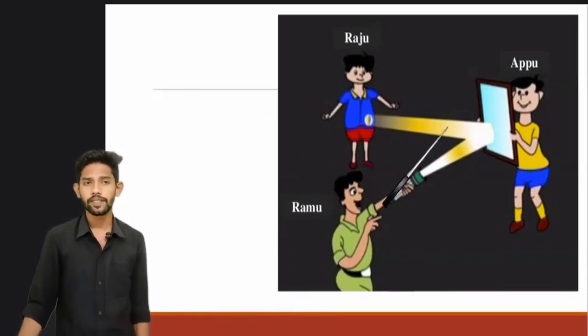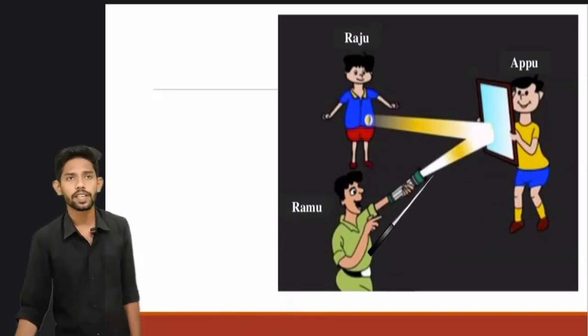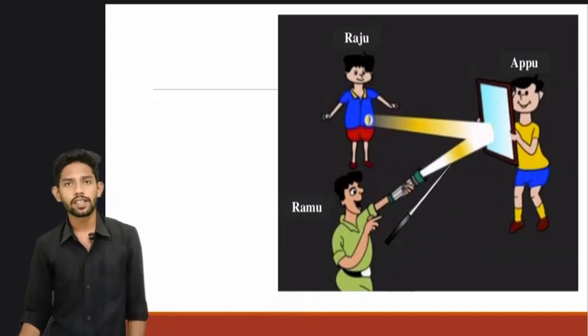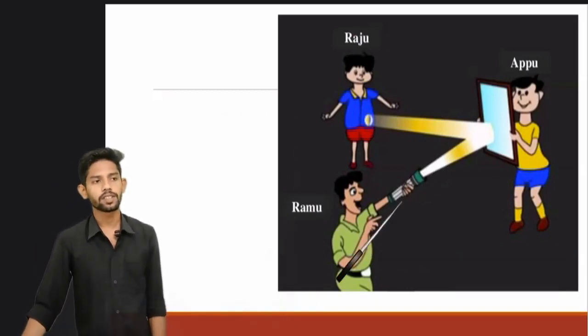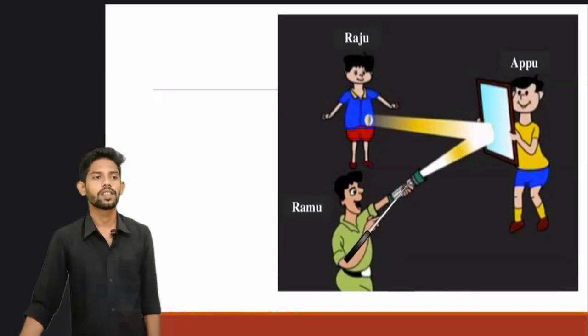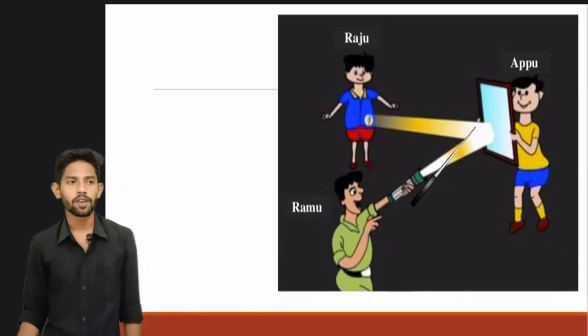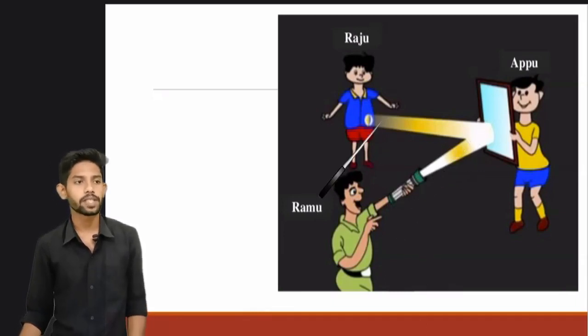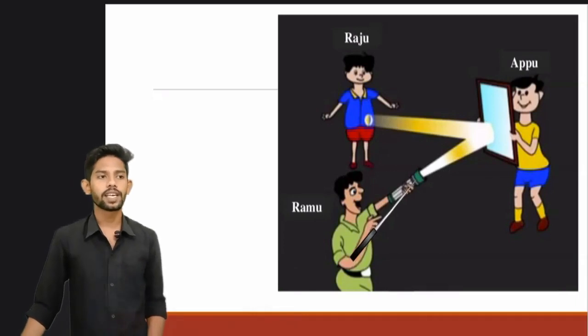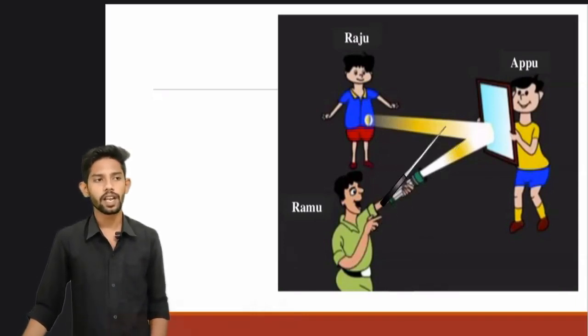So with this activity, what we learn is that the mirror changes the direction of light that falls on it. Now look, Ramu is taking the torchlight and shining it on the mirror, the direction is changed, right, from here to here. So from this activity, the mirror can change the direction of the light.